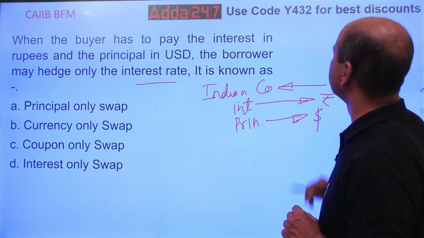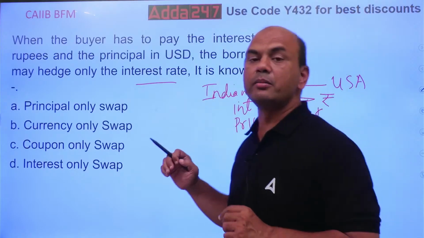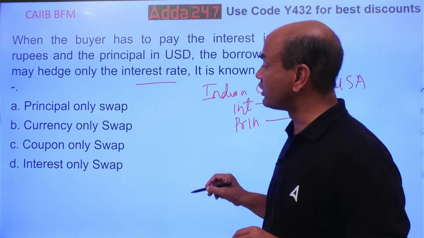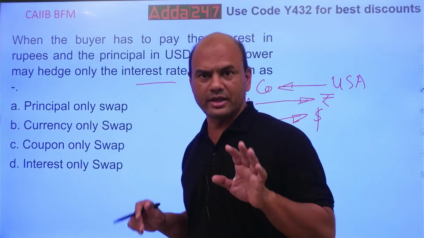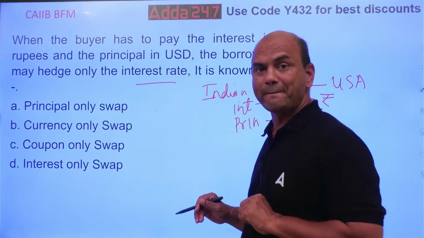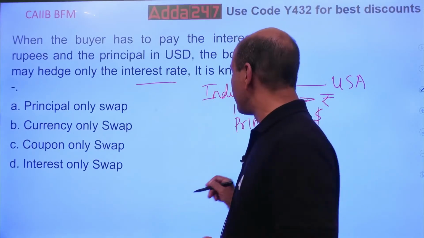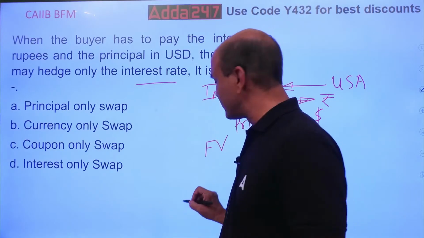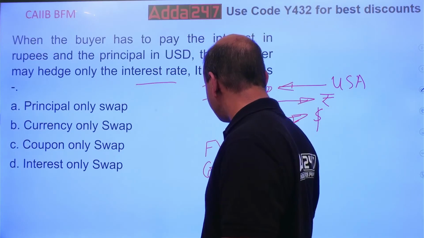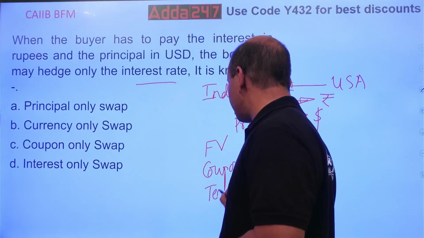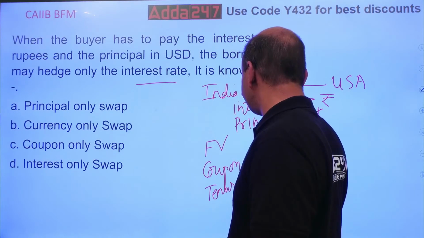See here, this person has to pay compulsory interest. Compulsory interest is called a coupon. When you're in any bond, there are 5 terms. Which are the 5 terms in any bond? Number 1, face value. Second, coupon, and third, tenure, the period of that bond, the remaining period.